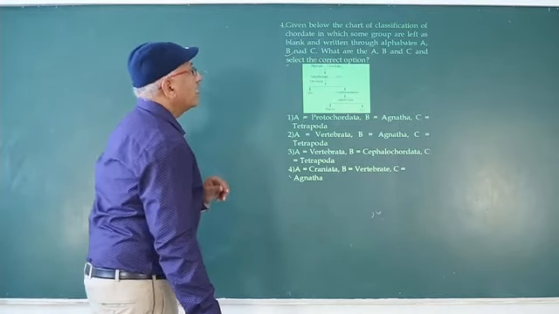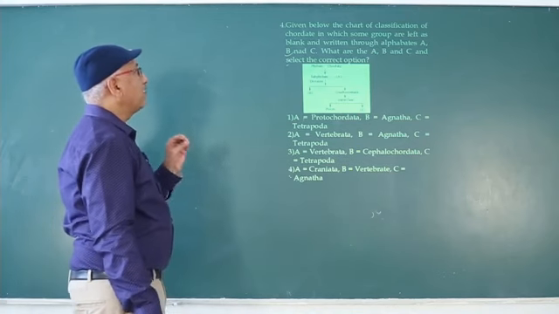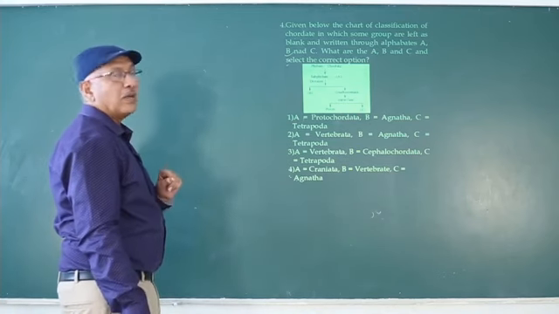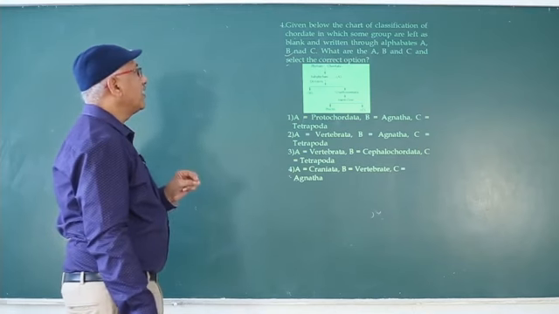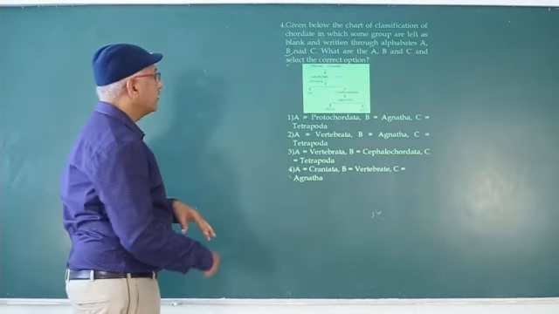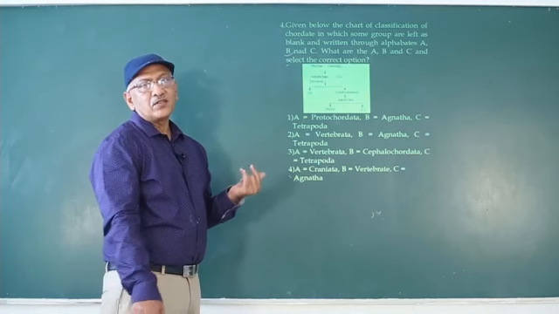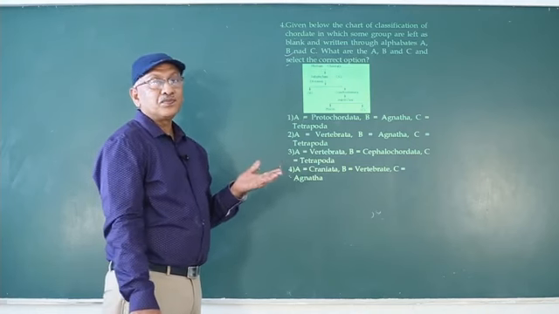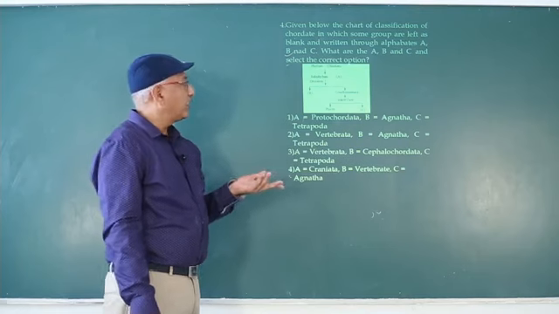Given below is the chart of classification of Chordata in which some groups are left blank and written through alphabets A, B and C. What are A, B and C? Select the correct option. Phylum Chordata is classified into three subphyla: Urochordata, Cephalochordata, Vertebrata.